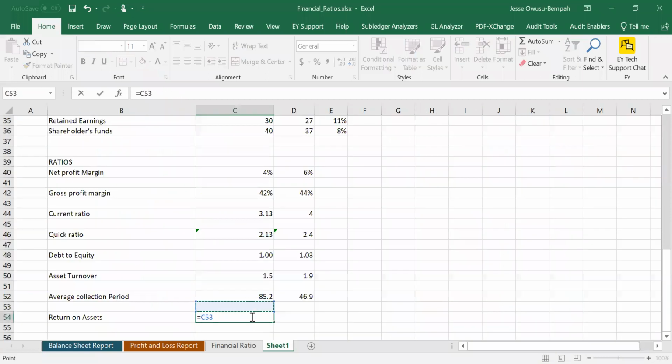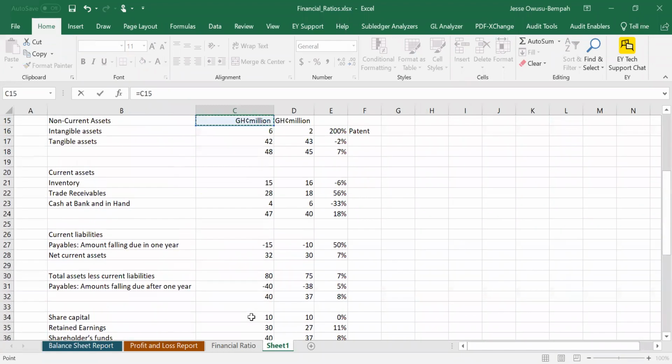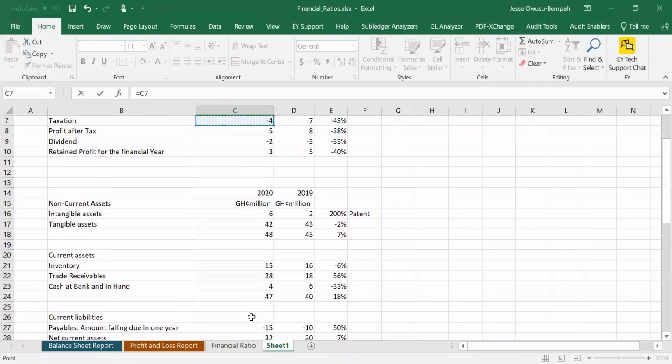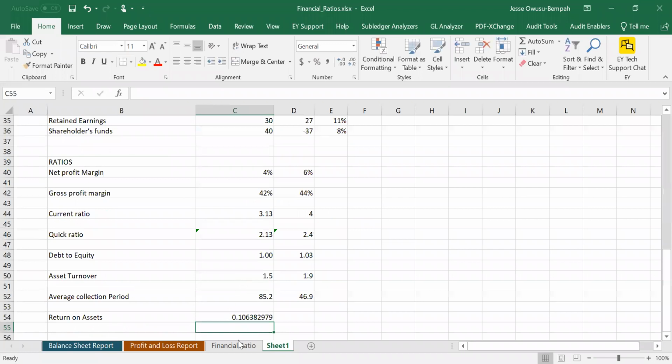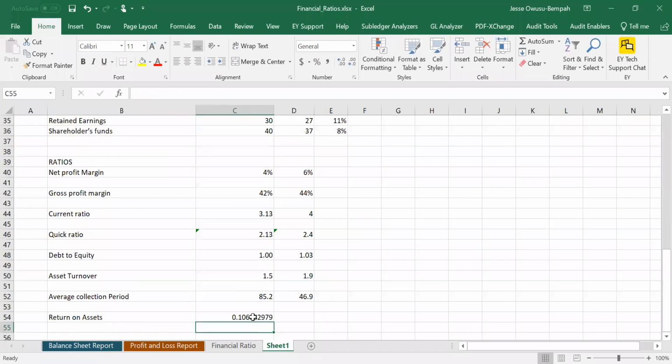So you take your net profit, which is your profit after tax, divided by your total assets, and then you should have your return on assets.